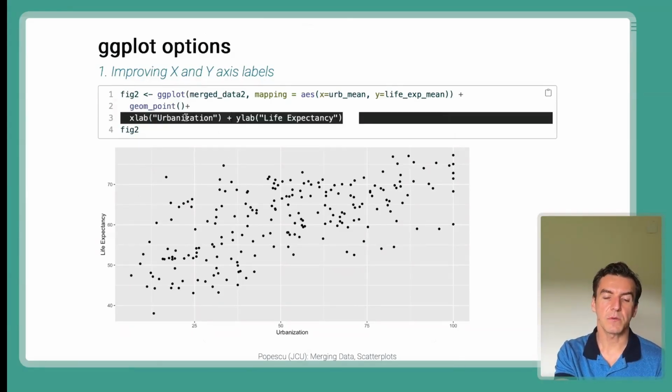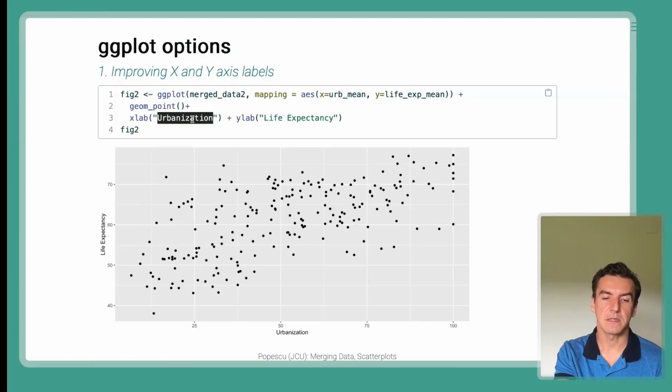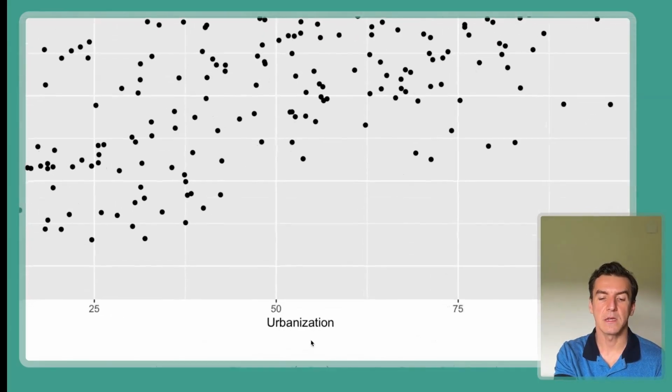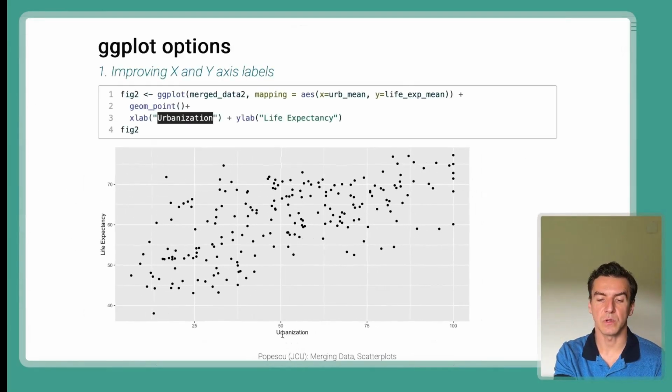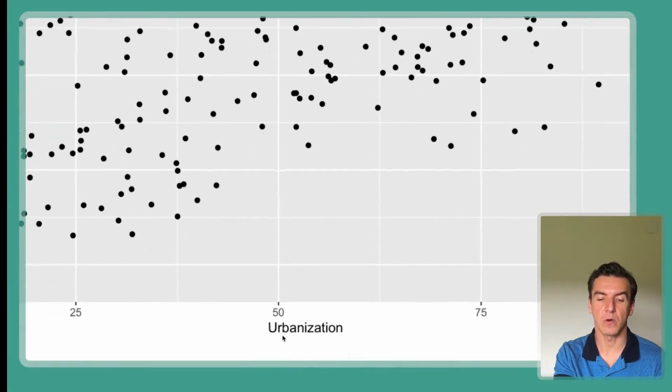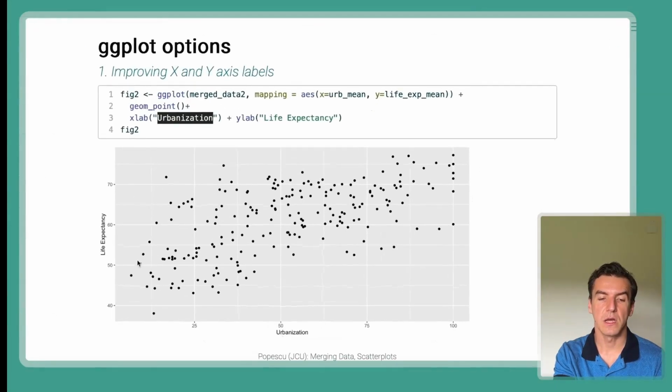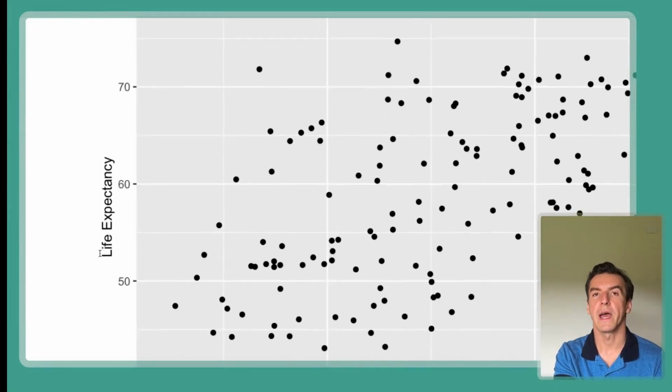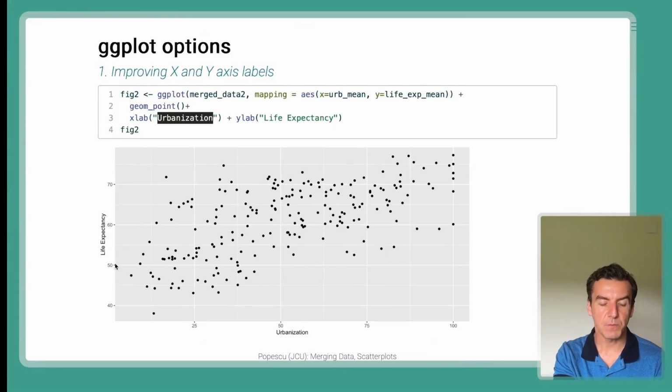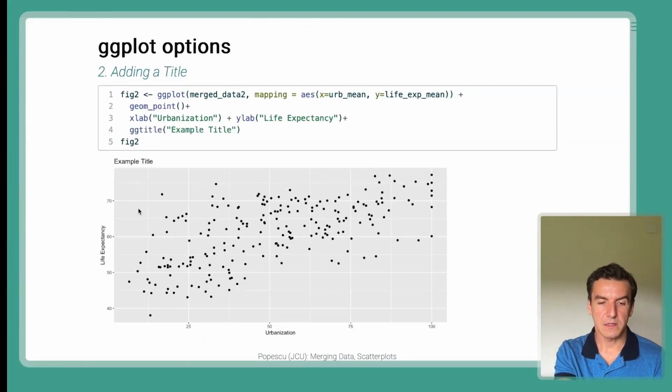And then we simply create X-axis labels and Y-axis labels. Notice now that our X is called Urbanization with an uppercase U and then lowercase other letters, and the same with the Y-axis, where we have Life Expectancy with uppercase first letters and lowercase letters after that.